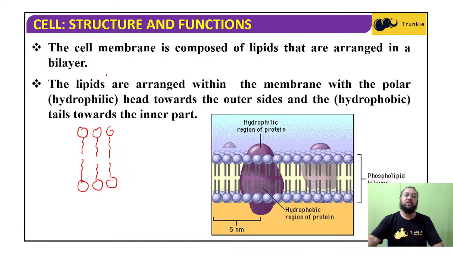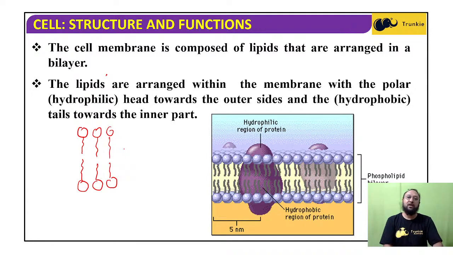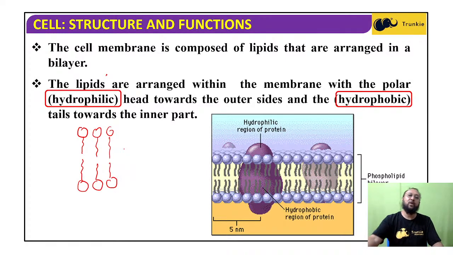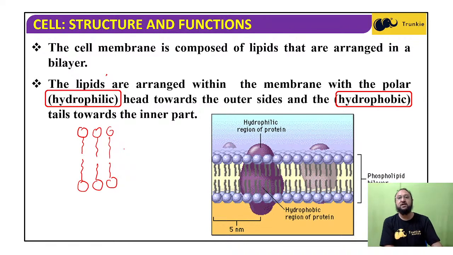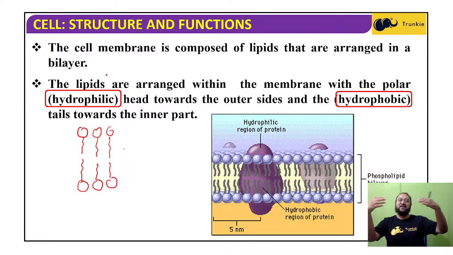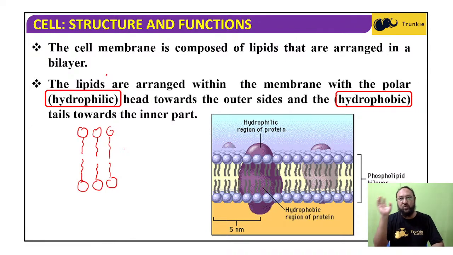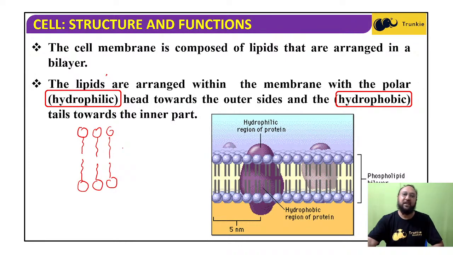So the hydrophilic heads and hydrophobic tails are present: the hydrophobic tails are towards the inner part facing each other, and the head regions face the external milieu on one side and the cytoplasm on the other.